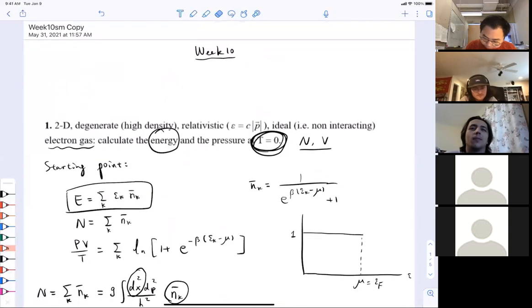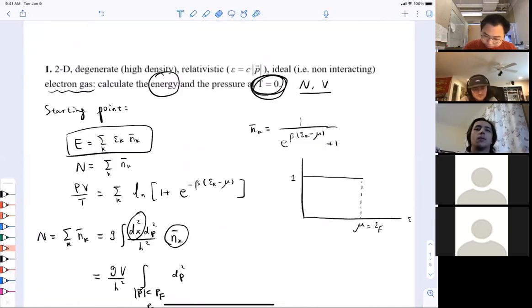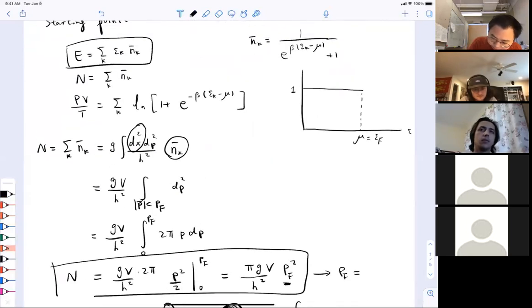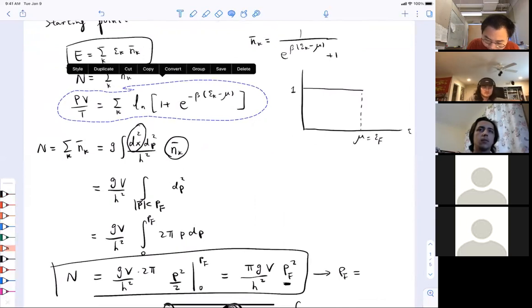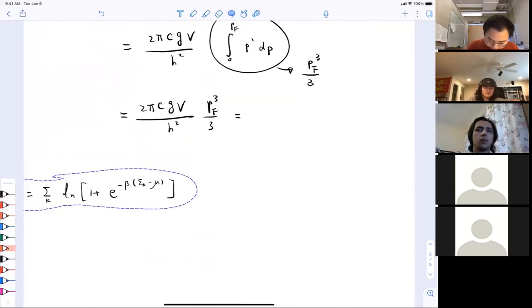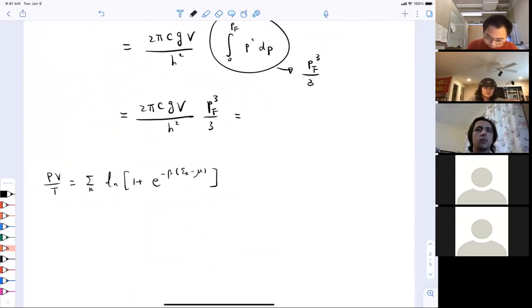Now we need to calculate the pressure. So use this one. I don't want to rewrite it, I just copy it. Okay.